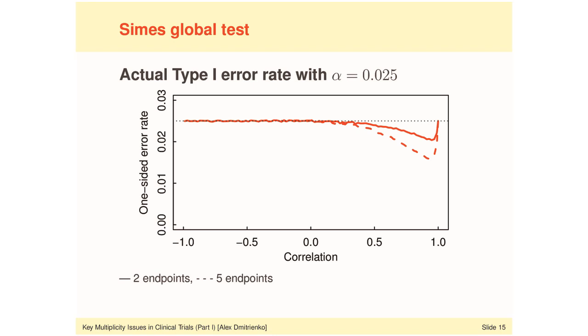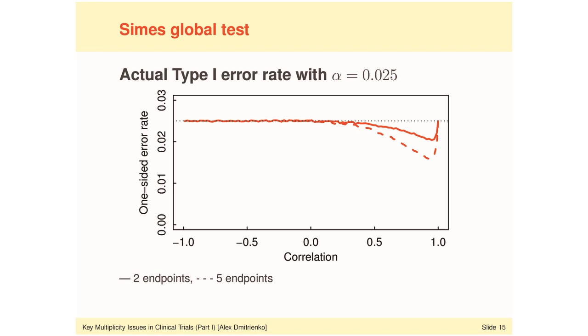What is interesting is that when we switch to the SIMS global test and study the relationship between the type 1 error rate and the true correlation coefficient in this problem, we see a completely different pattern, a completely different picture. As before, the actual type 1 error rate is exactly 0.025 when the common correlation coefficient is negative.